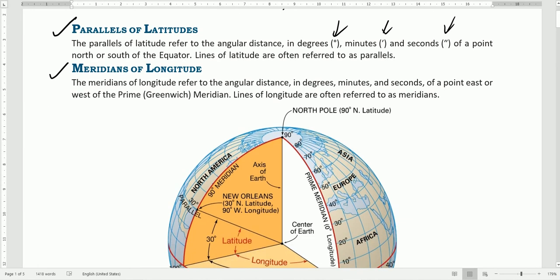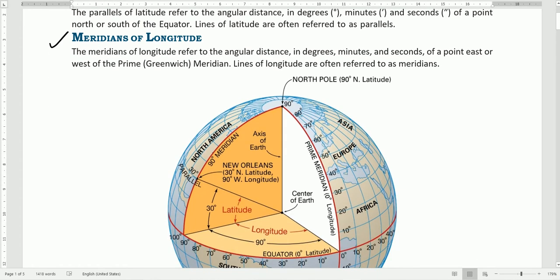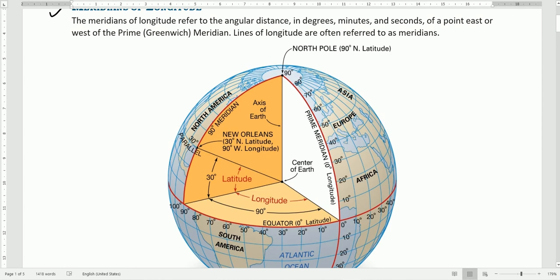Now let us see this diagram. Here this is the equator, as indicated here. If we draw a line here, then the angle formed is the angle between this line and the equator.